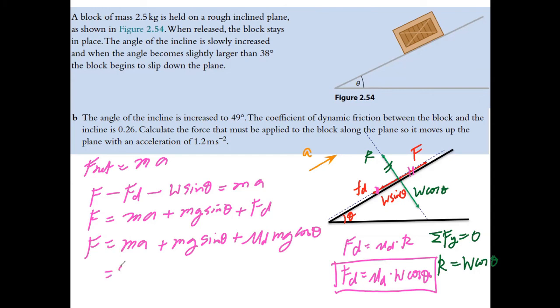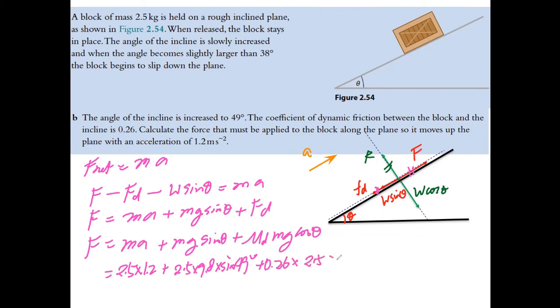The mass is 2.5, acceleration is 1.2, plus 2.5 times 9.8 times sine 49 degrees, plus the coefficient of dynamic friction 0.26 times 2.5 times 9.8 times cosine 49 degrees, and that gives us 25.67, approximately 26 newtons.